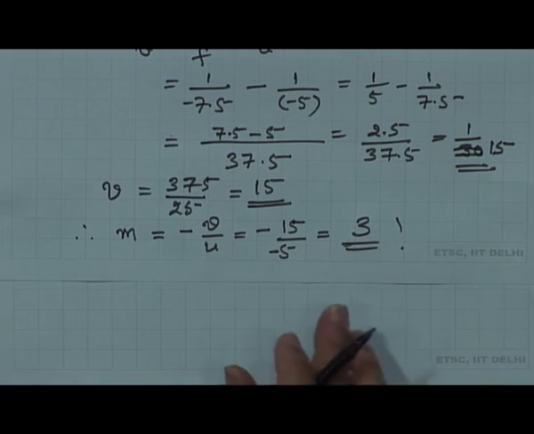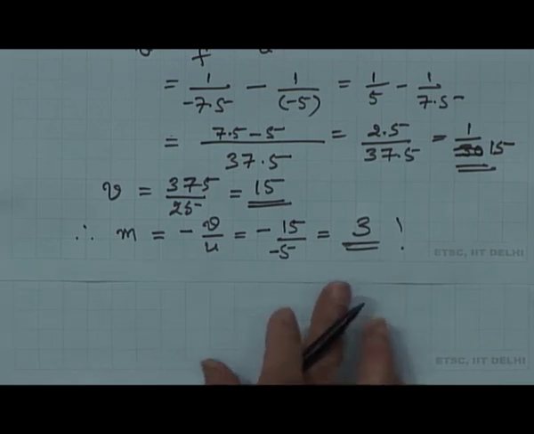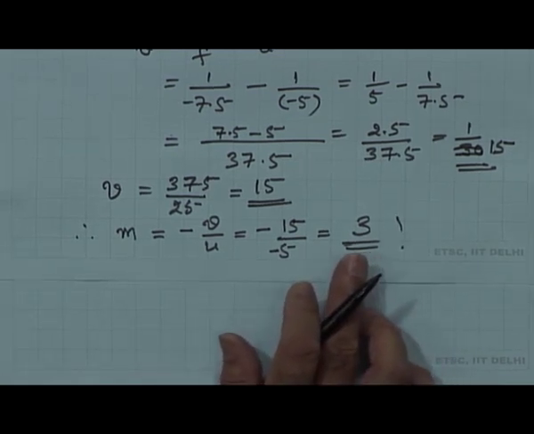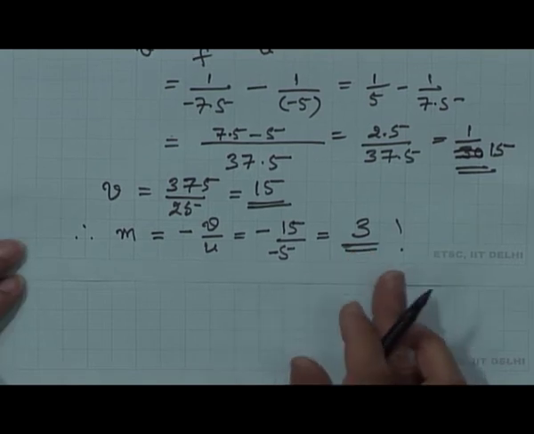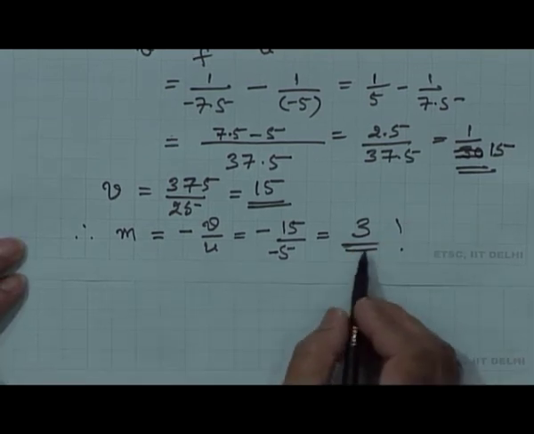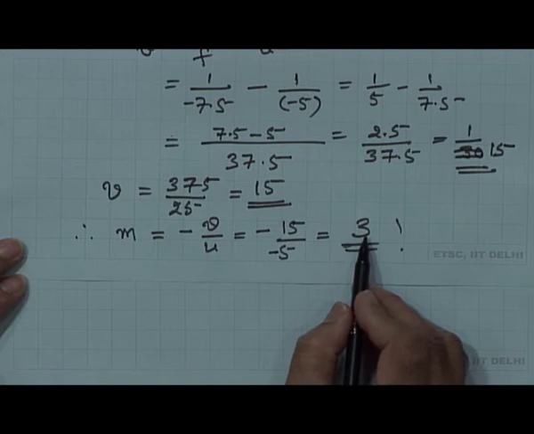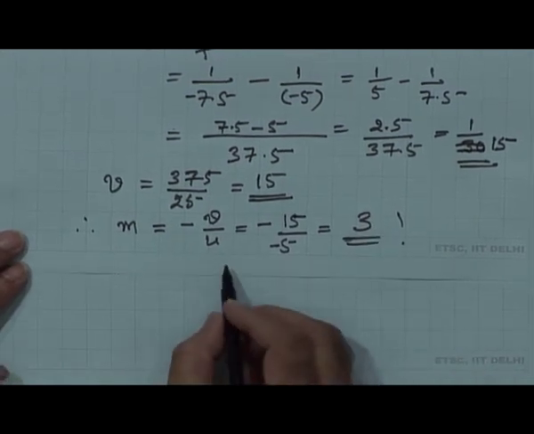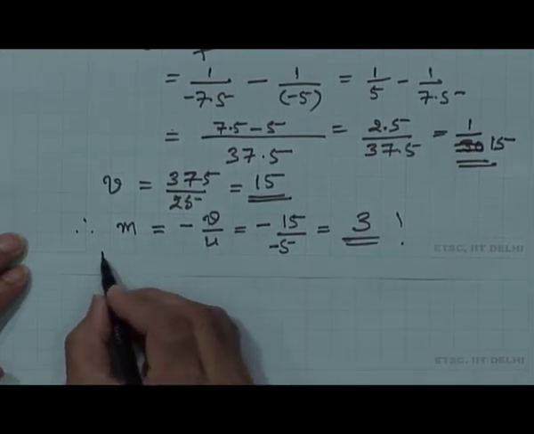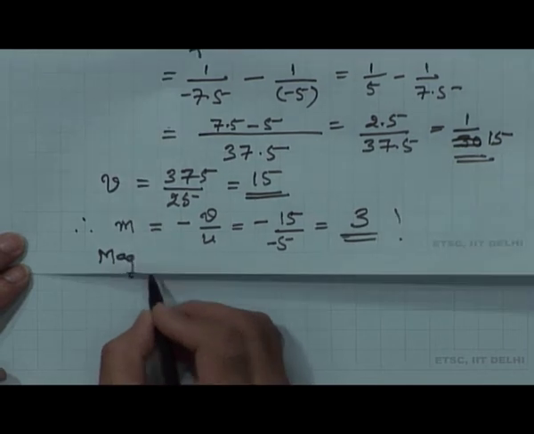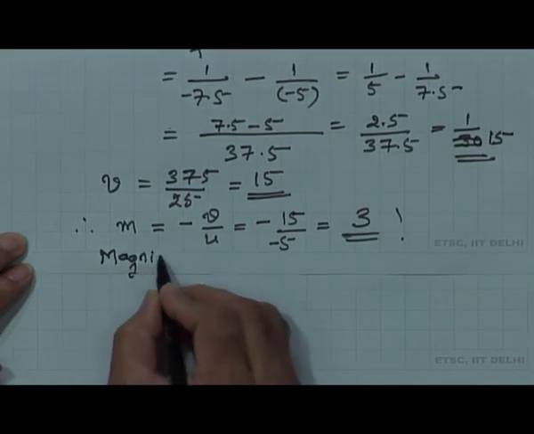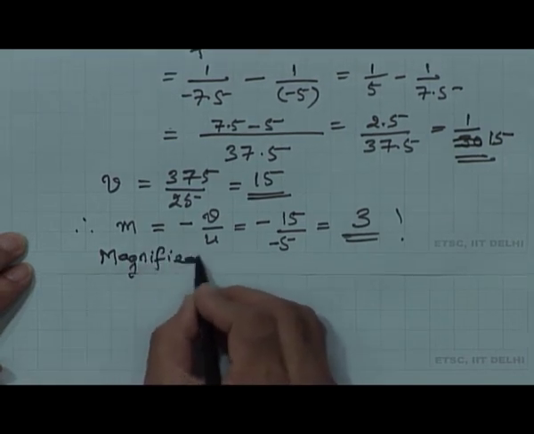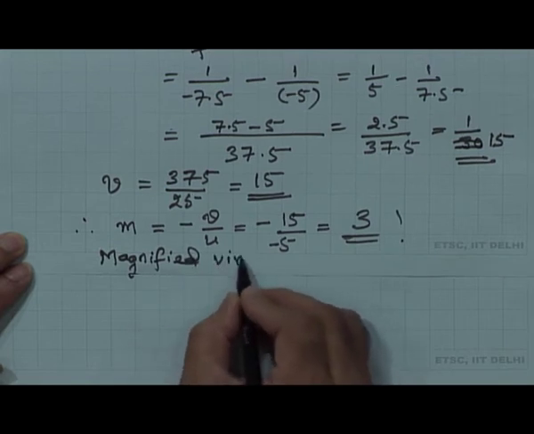We have got the same magnification now. Earlier also we had a magnification of 3, but it was a real image, but now we have a magnification of 3 but this time it is a virtual image, a magnified virtual image.